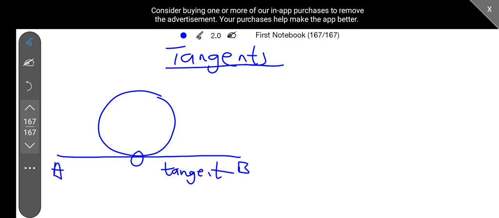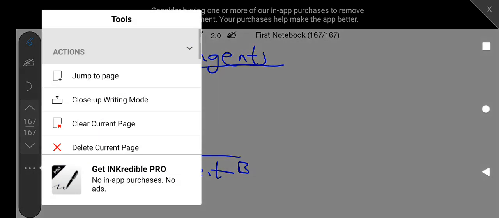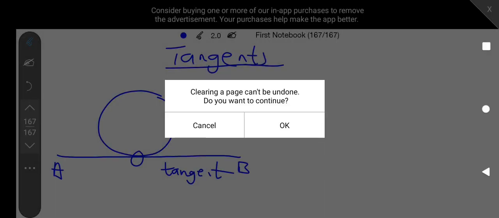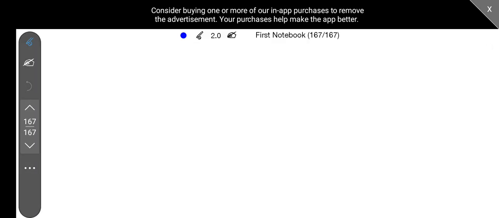So, there are basically a few corollaries and theorems which you might have to know about tangents. The first one we're going to look at is tangents from the same point.